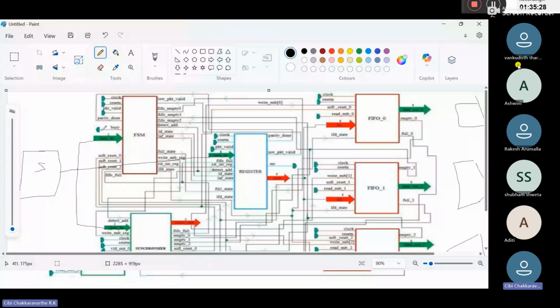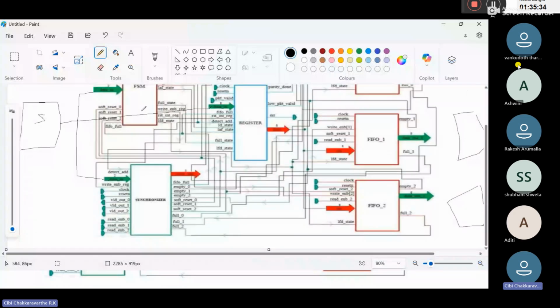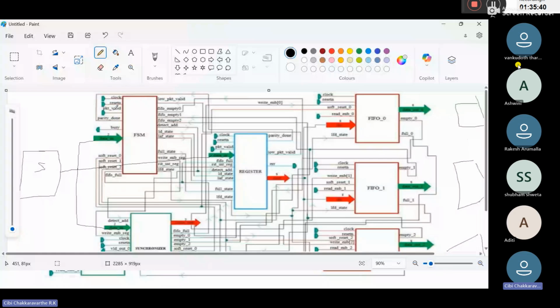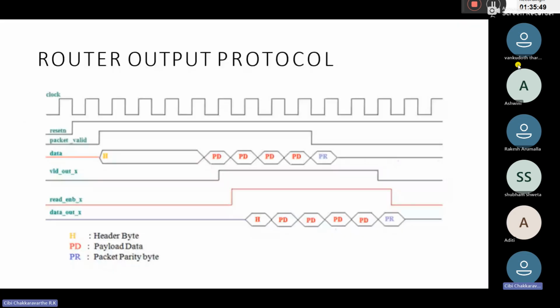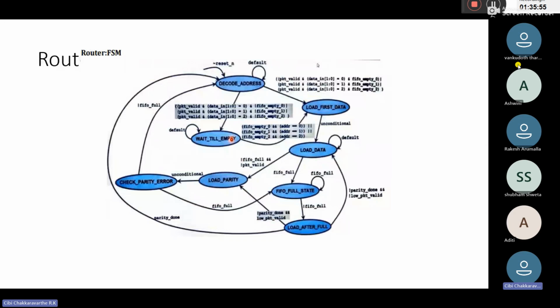For our understanding, let's first consider this FSM, it will be easy. First thing, if our packet valid is high, what is it going to do? What is our first state? According to the FSM, let's go to this PowerPoint and see. One second, please wait, I will check whether the recording is happening.